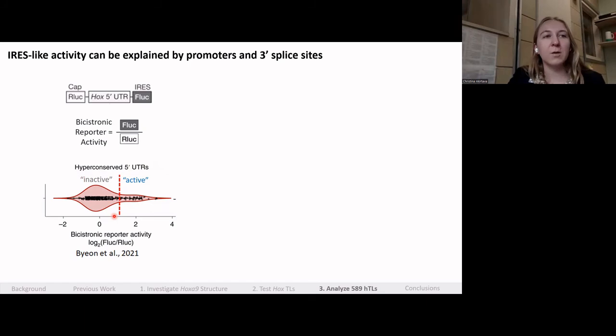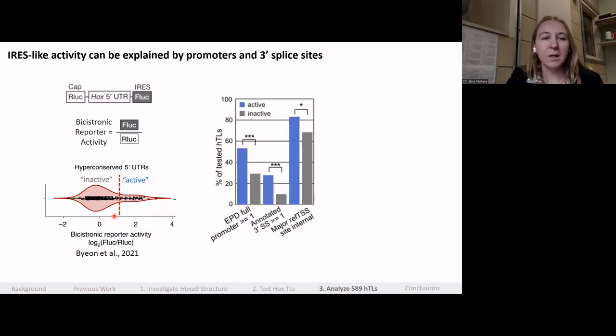I wanted to see if there was a difference in promoter elements. Here in this graph, we see that the transcript leaders labeled as active for potential IRES activity have almost twofold more of a chance to have the promoter element. And they're 3 times as likely to have an annotated 3' splice site.